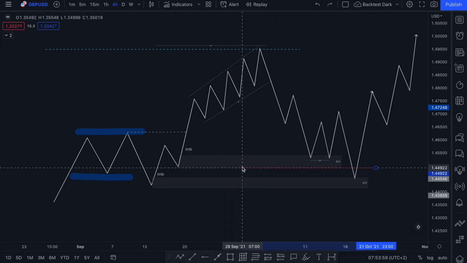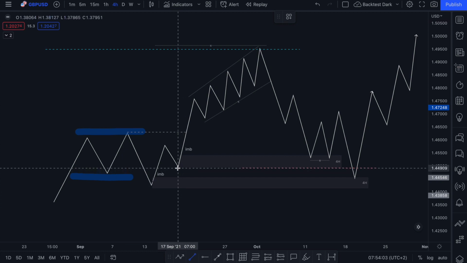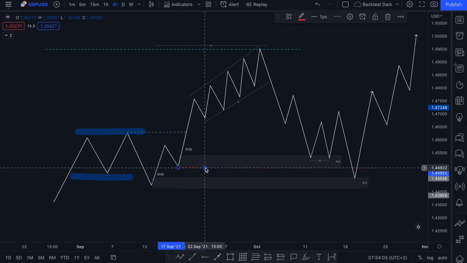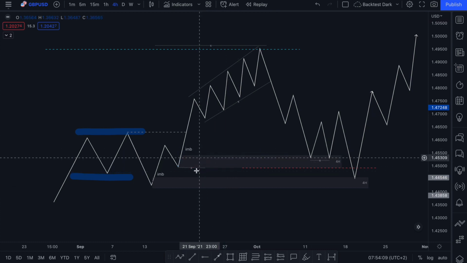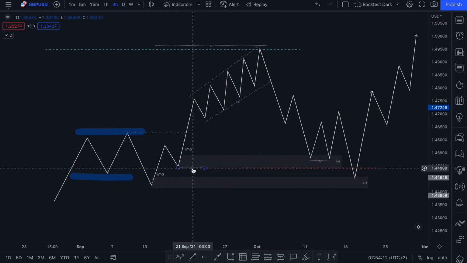Now, if we just quickly remove that resistance zone out of the way, you would then mark this particular level out as liquidity, all right? Now, this particular liquidity is something that I would like to call engineered liquidity, okay?